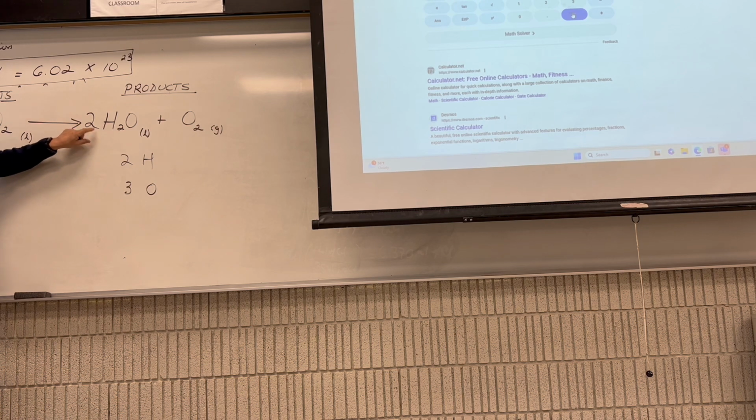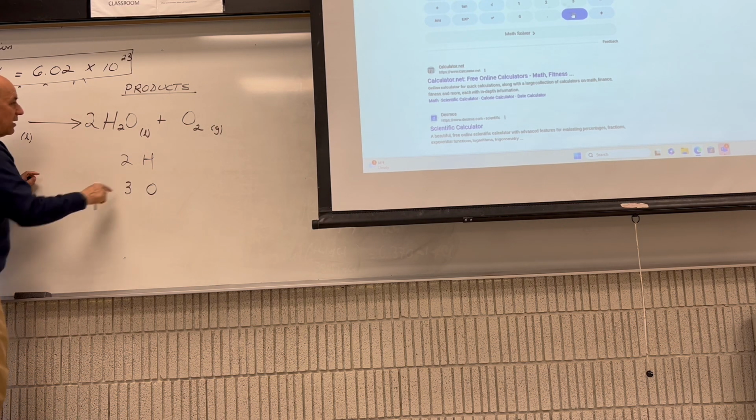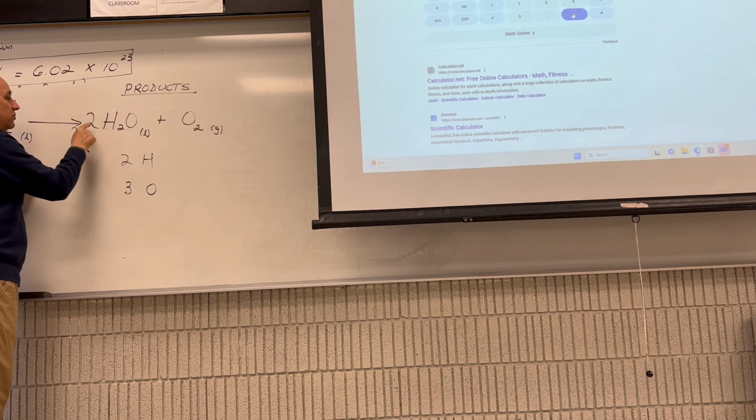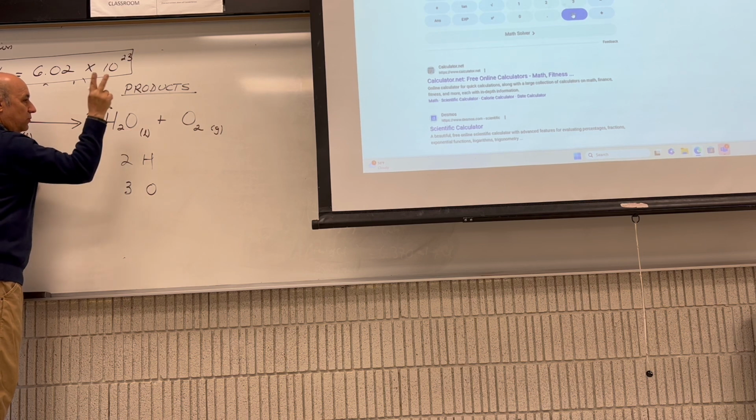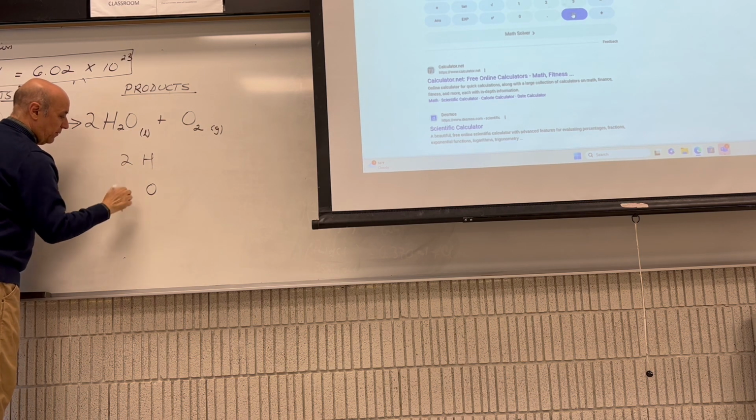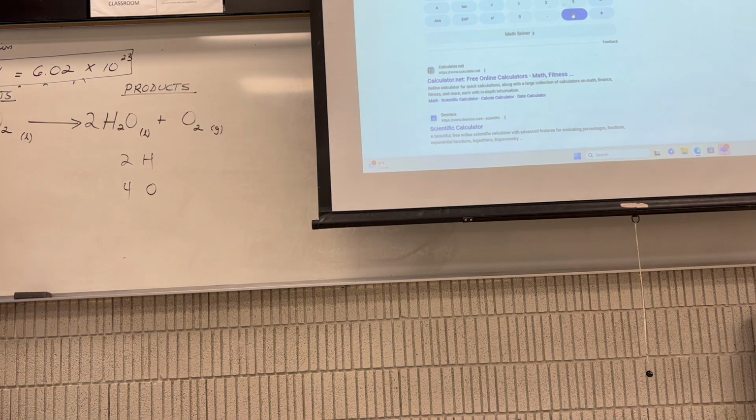So if I put a 2 there, what is the total amount of oxygen now? 2 times 1, 2, plus 2, 4. Now I have an even number, which is what I wanted to accomplish. Now if I go to this side, that doesn't work, right? Because I still only have 2 oxygens. How do I make this a 4?